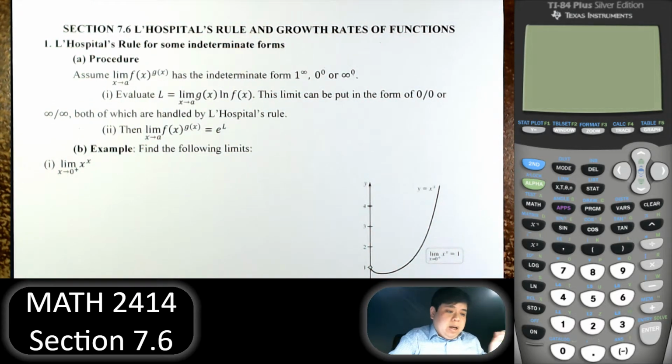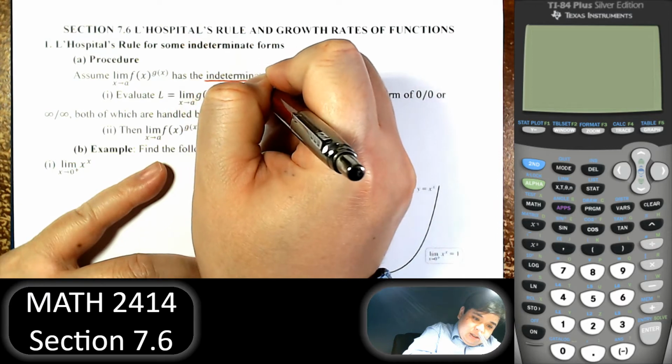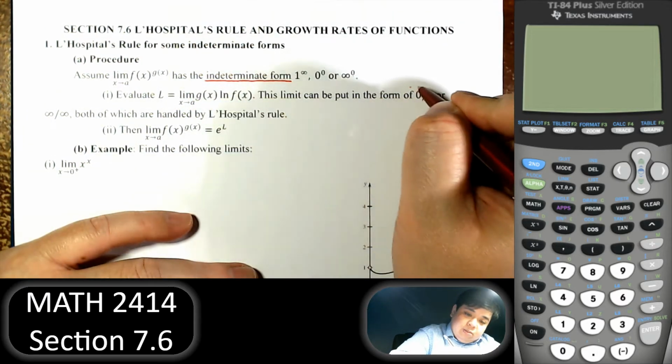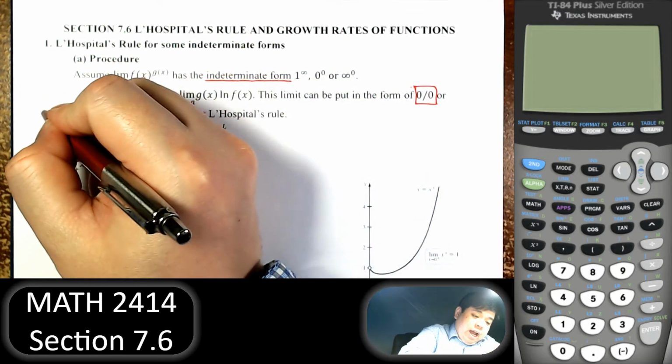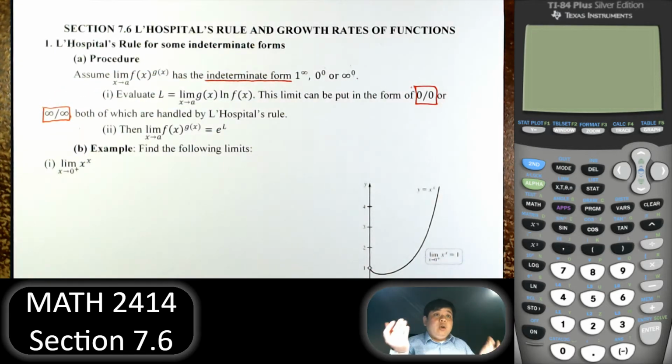Right, so let's just review. First, the indeterminate forms. In particular 0 over 0 and infinity over infinity, because usually for L'Hôpital's rule, we need to have the limit of a ratio, so something over something.